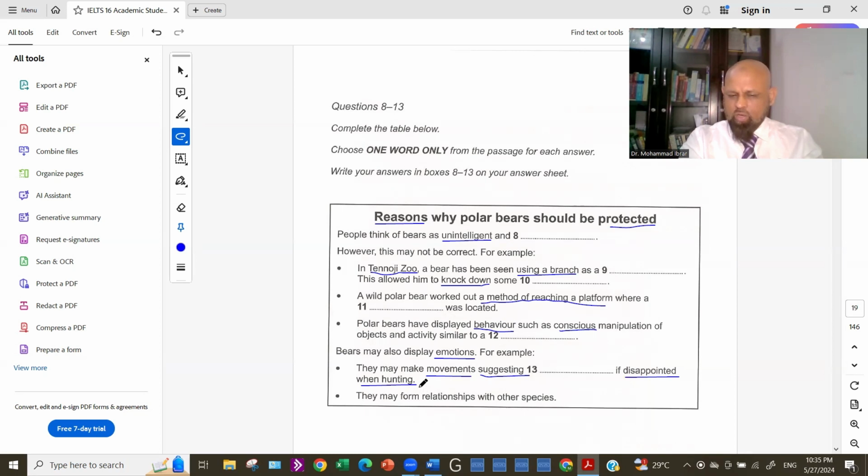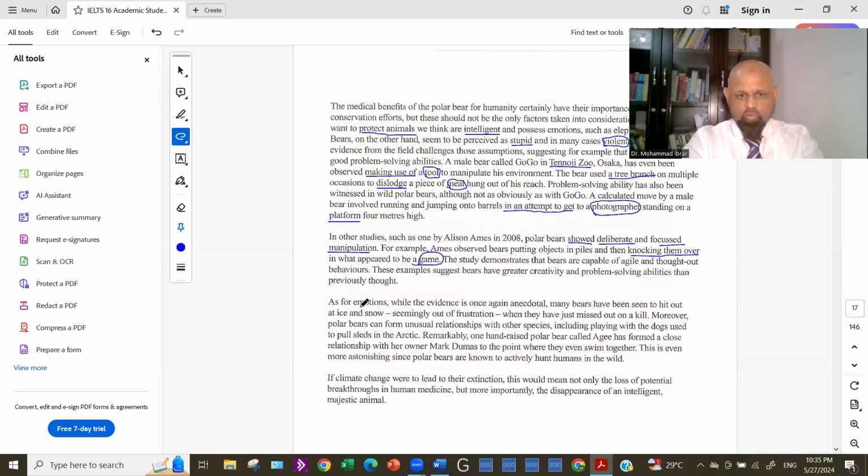So when polar bears are upset, if they are not able to find or kill an animal, or hunt animals, what kind of emotions do they project, do they show? So let's go back to the text. 17, emotions. So as for emotions, we have got the keyword that may help us find the answer here.